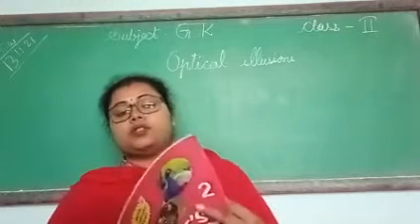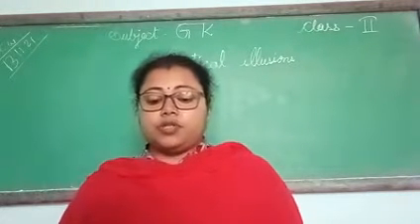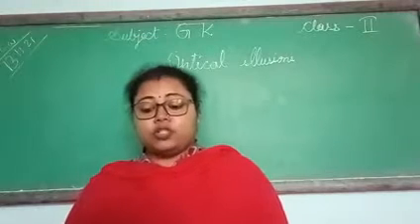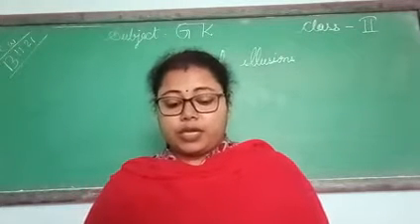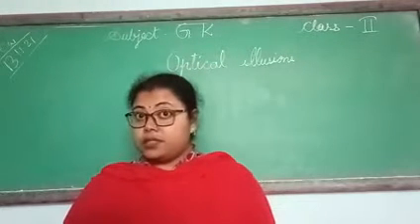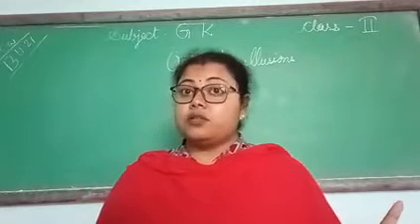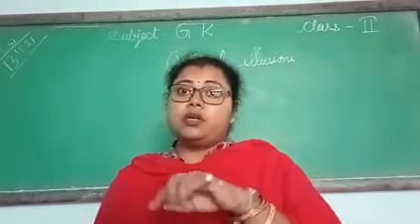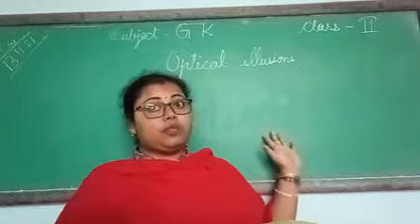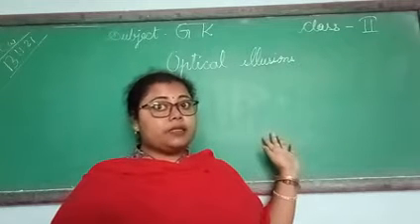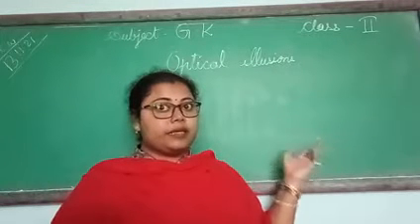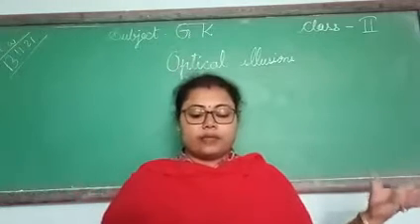Here it is written: optical illusions are pictures that look different from what they actually are. You see the actual picture, but it is not that. Something different is hidden inside.